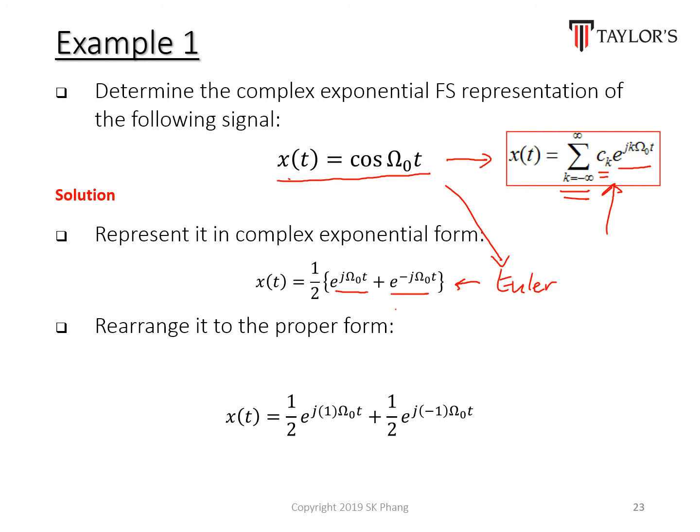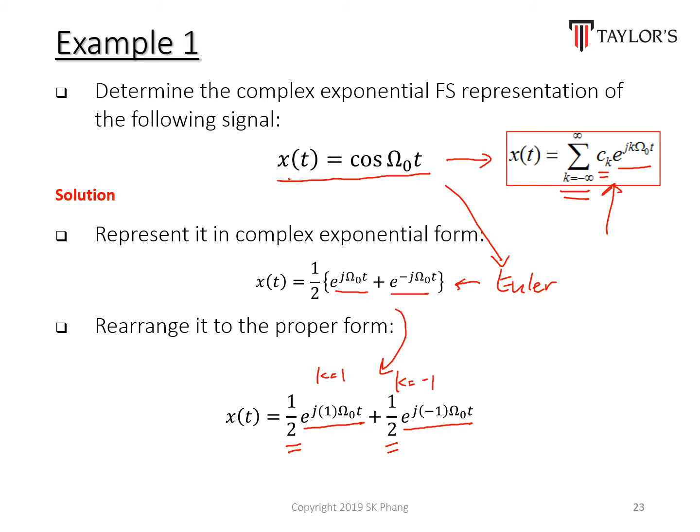And this itself is already a Fourier series representation, because this is the ck, and this is the impulse of that particular k, and this is the other ck, and this is the impulse of the other particular k. In this case, there are only two k values, where k equals 1 and k equals negative 1.